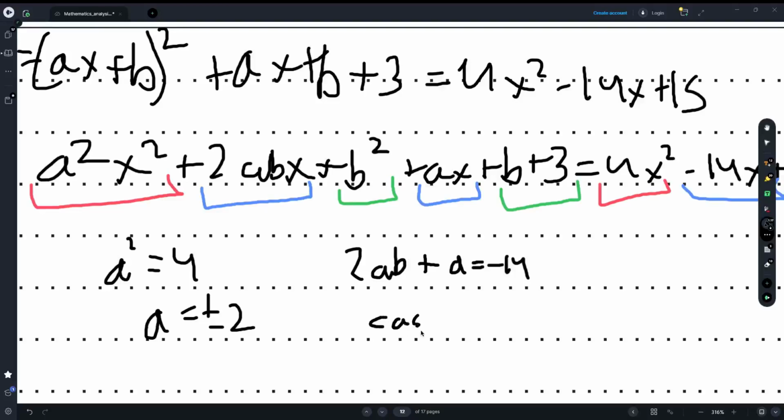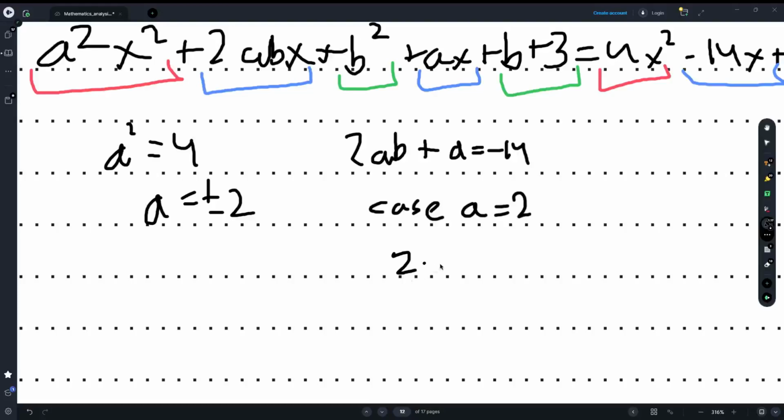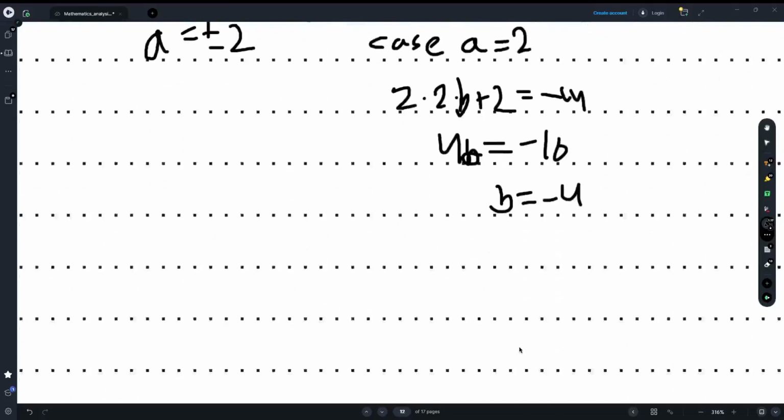So we'll say case a equals 2, then 2 times b plus 2 is negative 14. Then 4b equals minus 16 and b equals minus 4. Perfect.